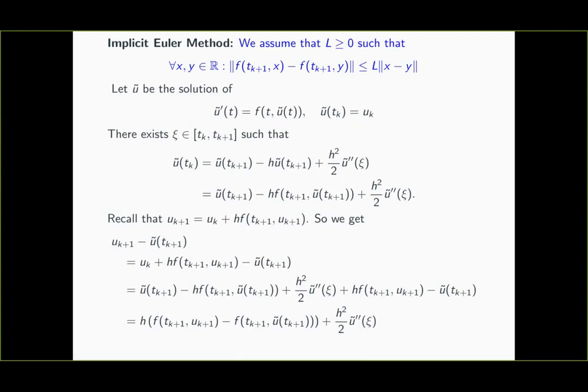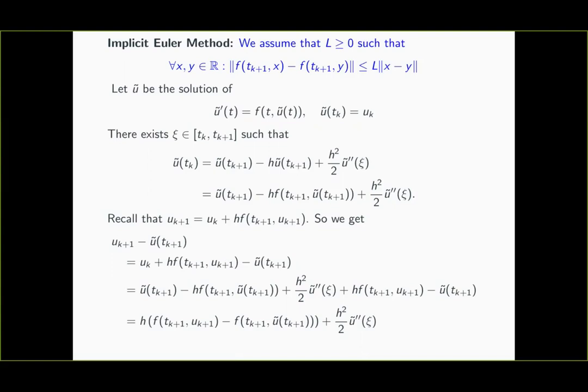So we rewrite all this as u tilde at time t_{k+1} minus h times f at time t_{k+1}, u tilde at t_{k+1}, plus h squared over 2 u tilde prime prime of xi, and still plus h times f at t_{k+1}, u_{k+1}, minus u tilde at time t_{k+1}.